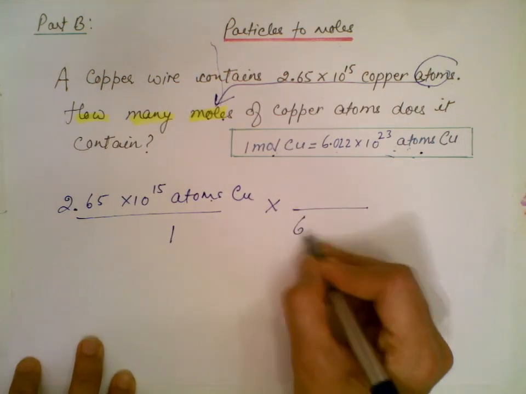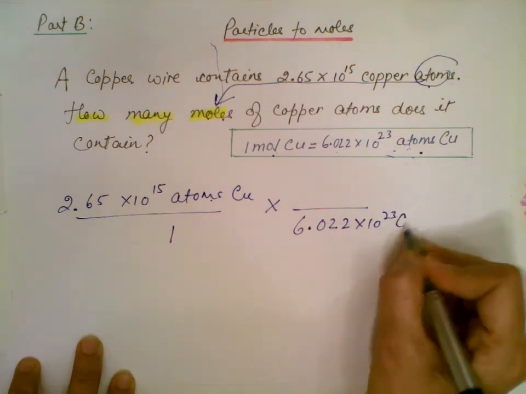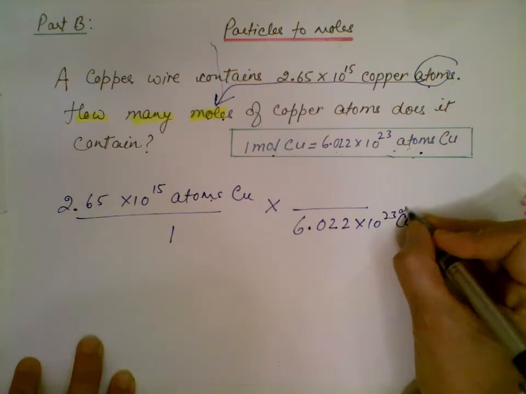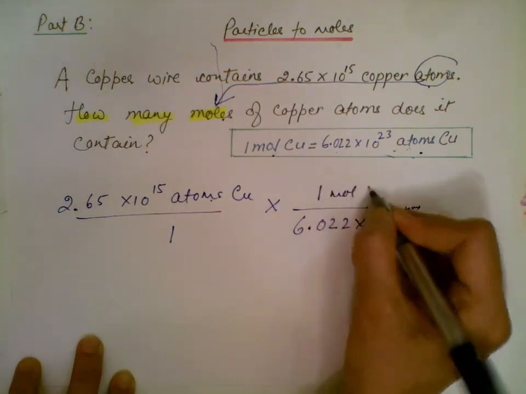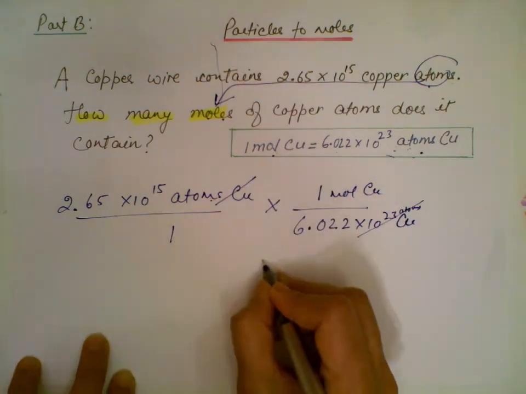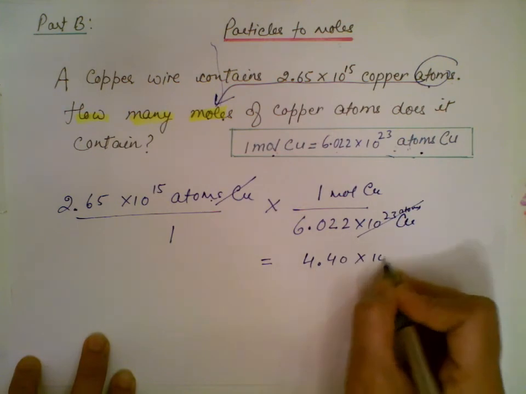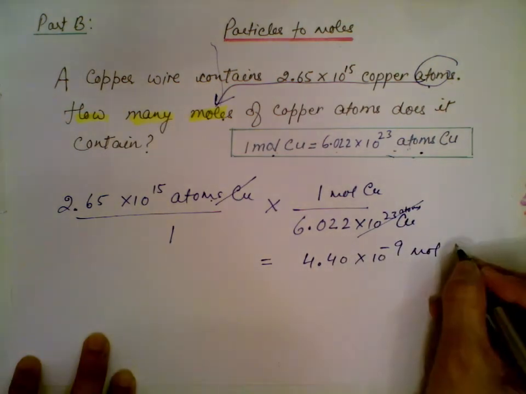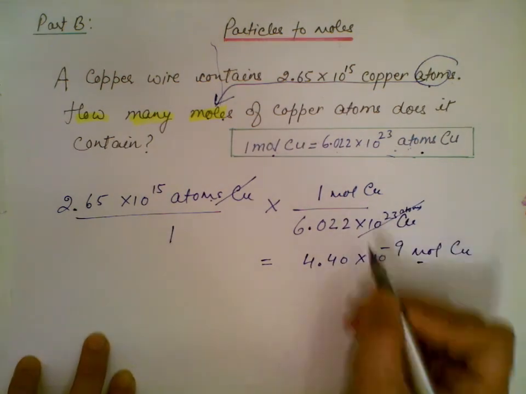So atoms at the bottom, these many atoms of copper, which are equal to 1 mole of copper. Cancel this and this, and when you divide these, you are going to get moles of copper. All right, be careful about the unit right at the top.